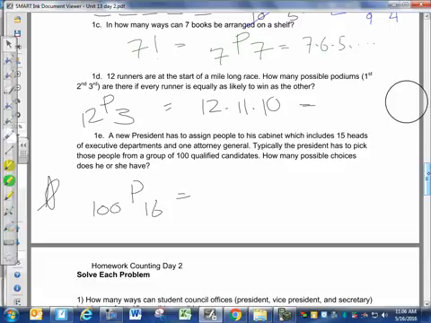There's a couple repeats of answers. Yep, same as 4 factorial, exactly.